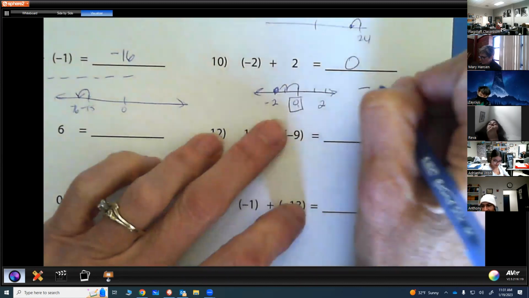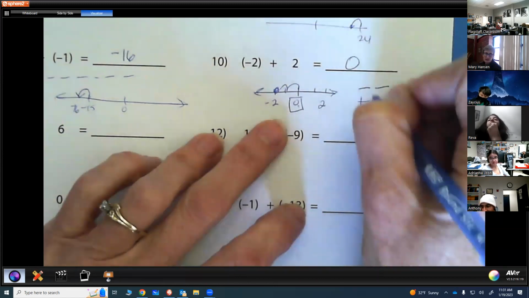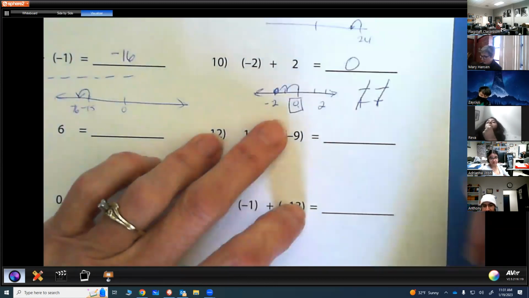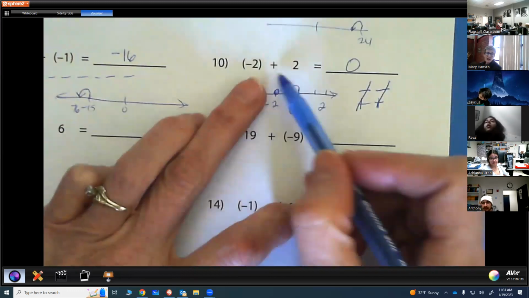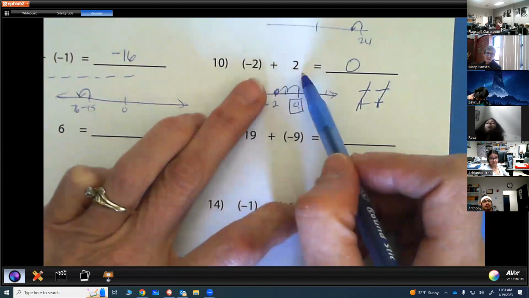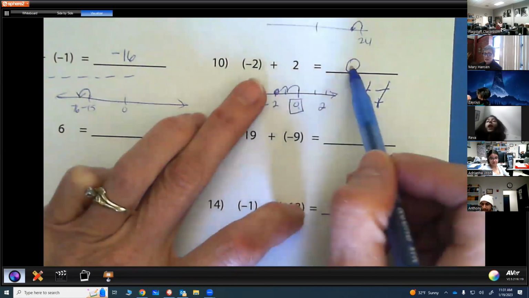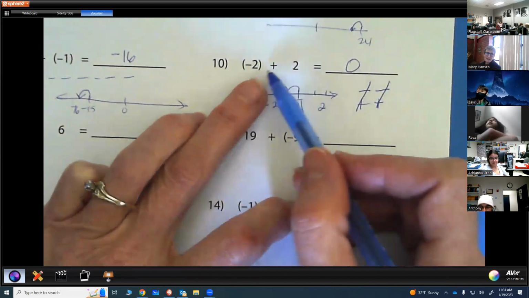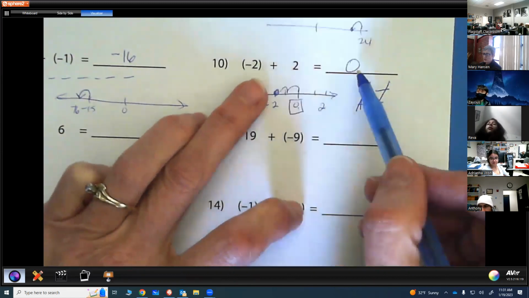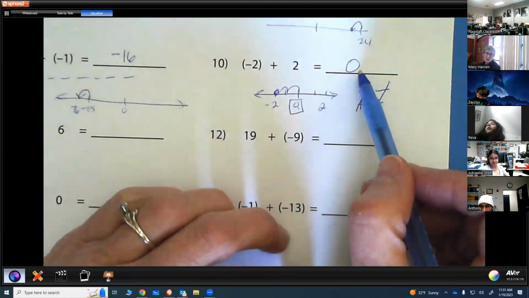Or 2 negatives and 2 positives cancel each other all out and you're left with 0. Or the signs are different, I subtract the numbers. And there really isn't a sign of the larger when the 2 numbers are the same. But hopefully once you get to 0, you're at 0.